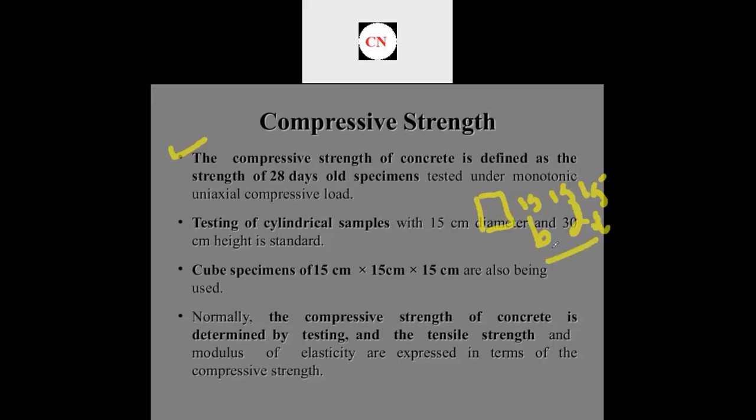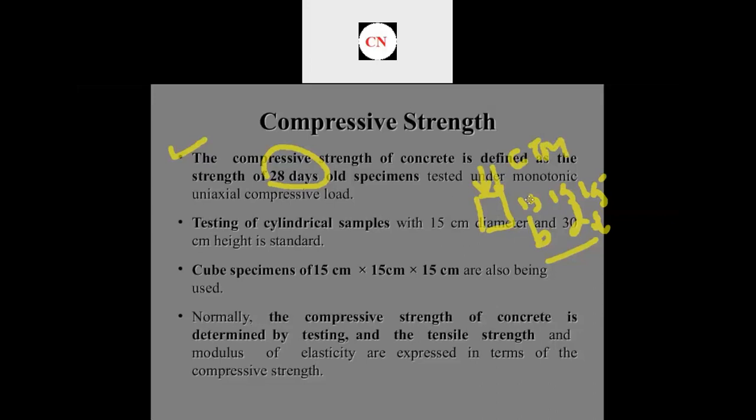This cube we cast in the laboratory and cure for 28 days inside the water tank. After completion of the 28 day curing period, the cube is taken out and subjected to compressive load, that means it is tested under the CTM, compression testing machine.